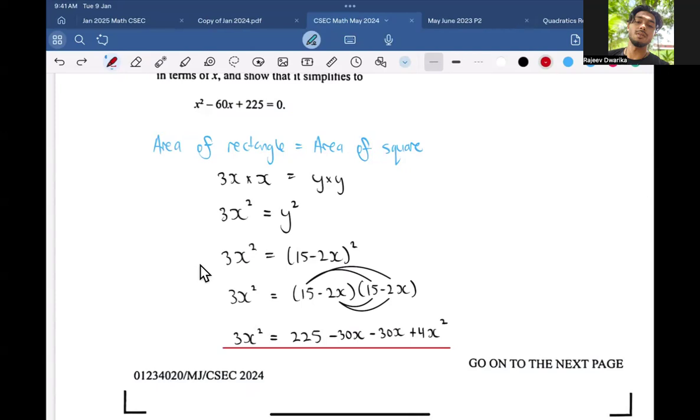I need a little time to figure this out. This is a must. Yes, Amy, that's correct. Kira, I'd like you to rearrange what we have here to get x squared minus 60x plus 225. Aliyah, you as well.